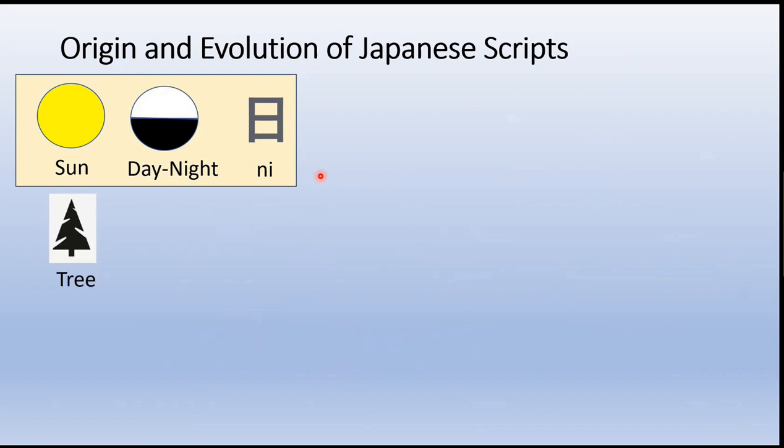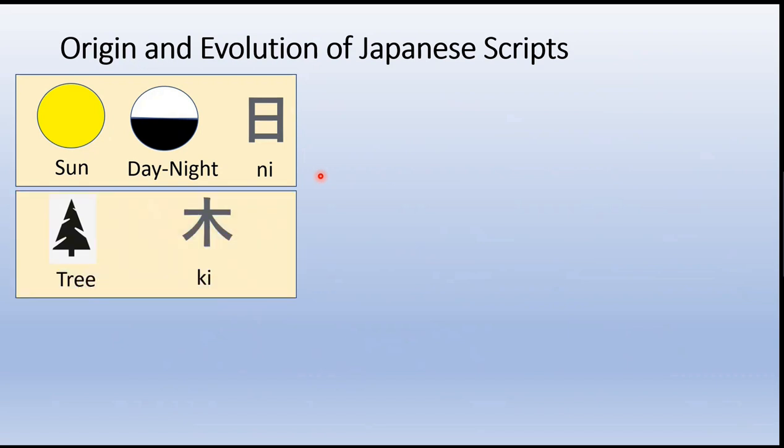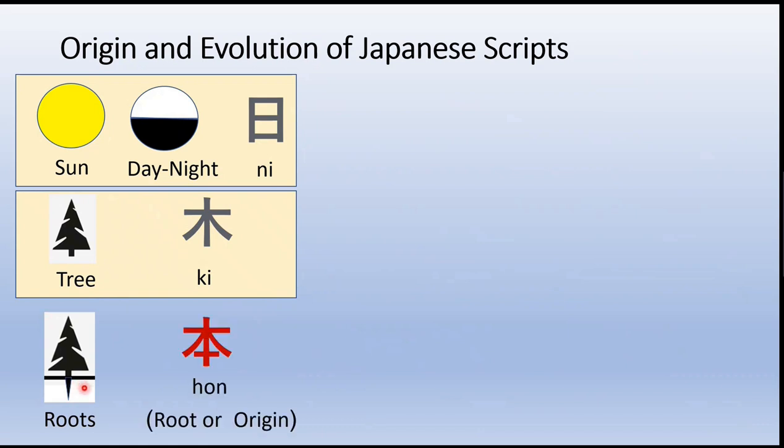Next is tree. This is a tree, and this is the kanji of tree, which is known as ki in Japanese. So we have the sun as ni, the tree as ki. Now from the tree, we have the roots here, and that's why the kanji of roots is hon.